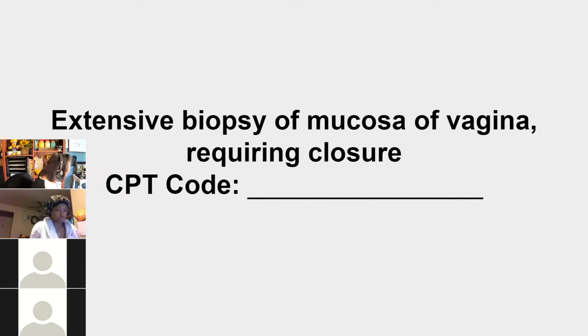So 57100 is a biopsy, and it says biopsy of vaginal mucosa, simple. 57105 is extensive, requiring suture. 57109, with removal of paravaginal tissue.